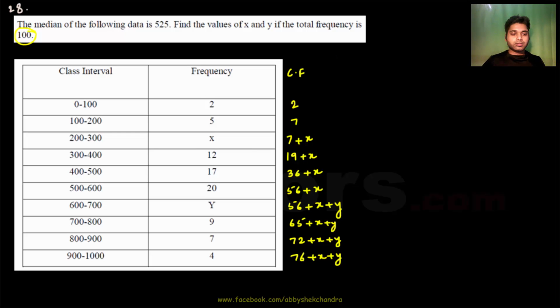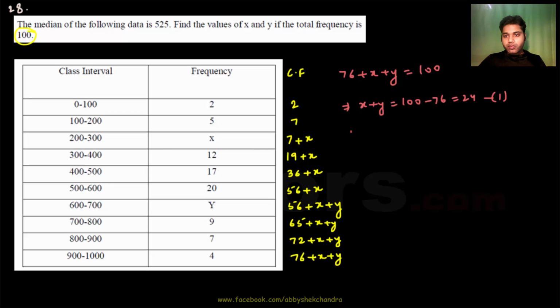So 76 plus x plus y should be equal to 100, or x plus y should be equal to 100 minus 76 equal to 24. Let's call it 1. Now n is equal to 100 is given here.